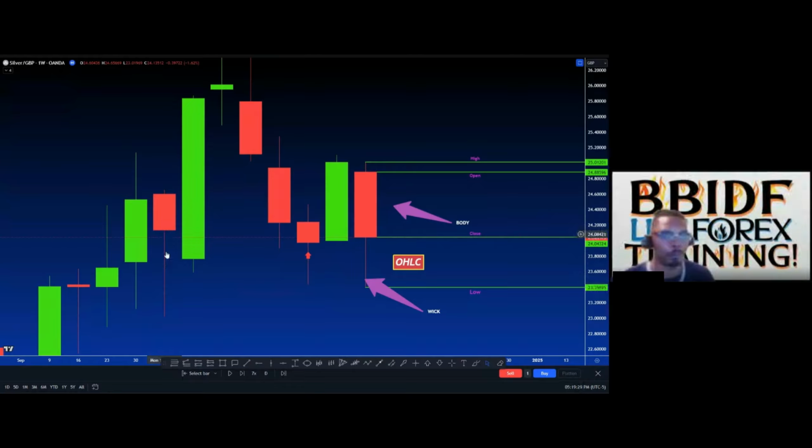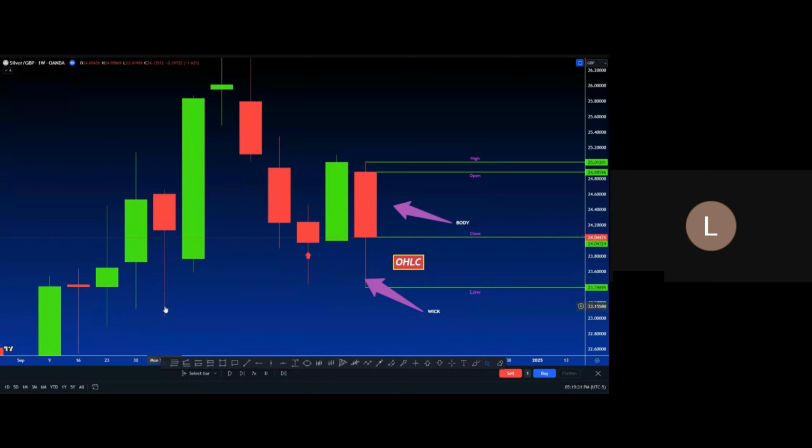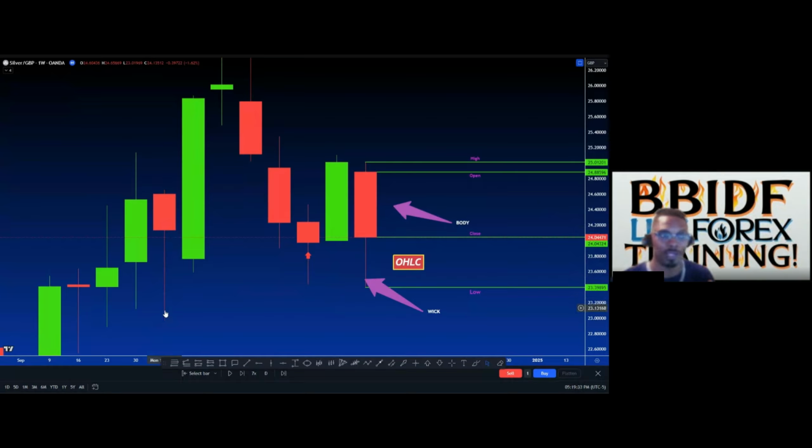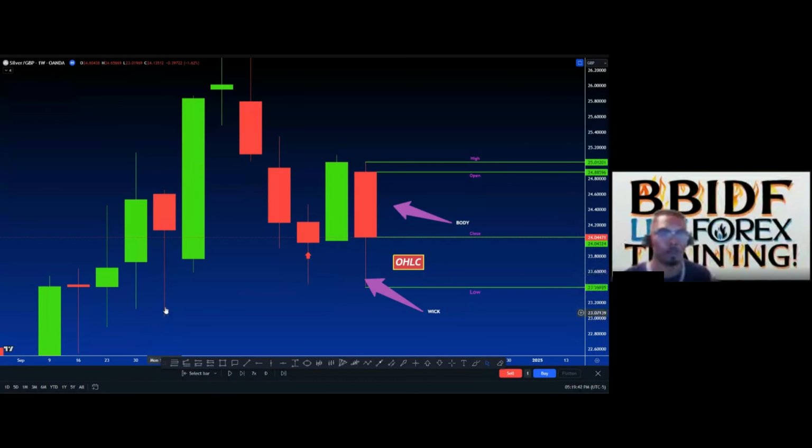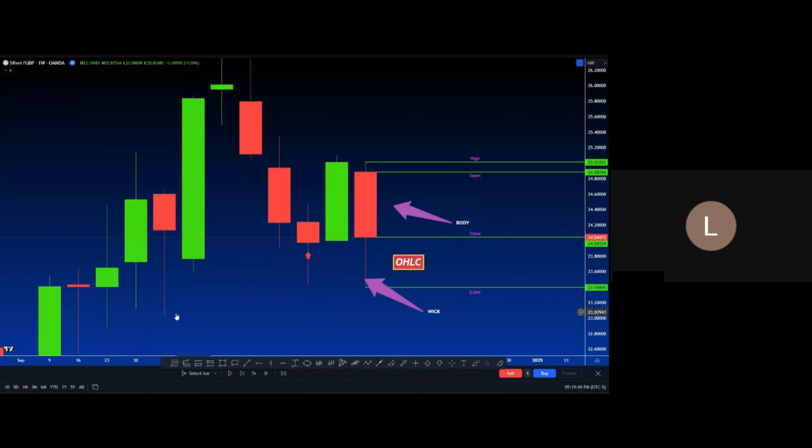And remember, it's below the candle. How far price dropped. That's right, to the lowest. But what happened to make this a wick? There was bullish pressure. It pushed it all the way back up.